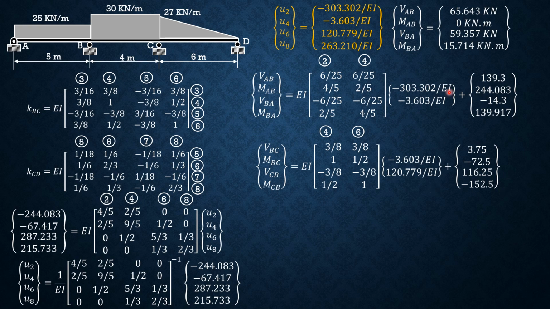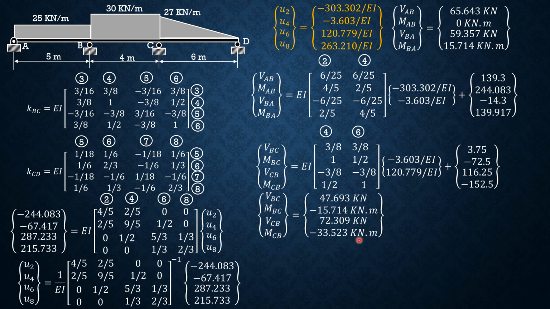You just follow the explanation of the first. So the results would be the following. That's why the moment in BC is the negative of this moment here. It agrees. Then moment CB is negative 33.523.